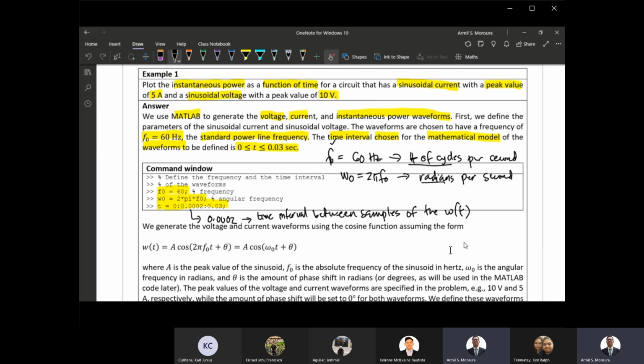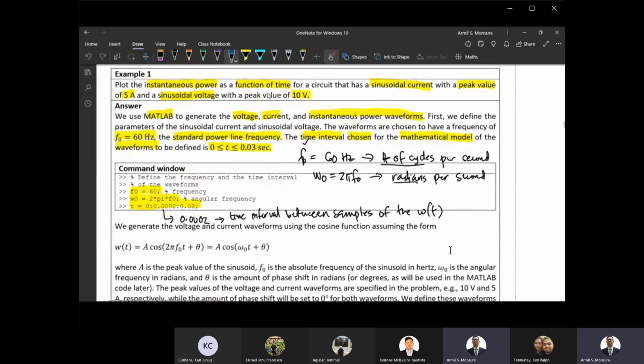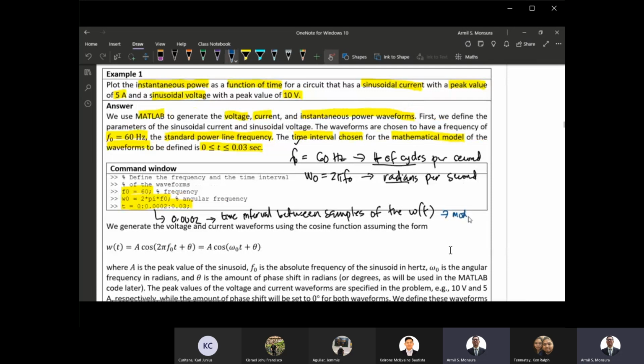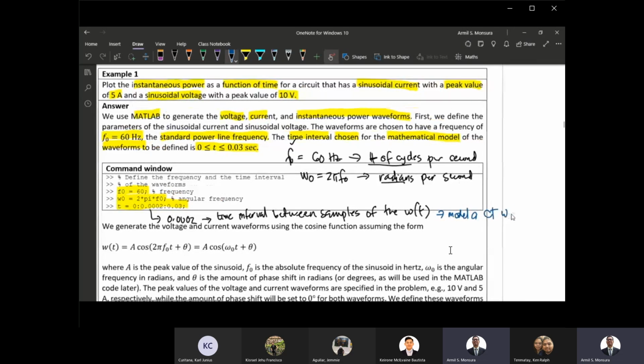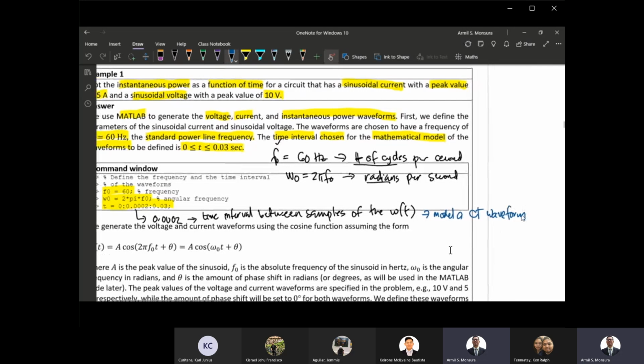So ito yung sinasabi natin, since computer generated yung ating signal or waveform, we would like this time interval to be as small as possible if we are trying to model a continuous time waveform. Bakit kailangan small?